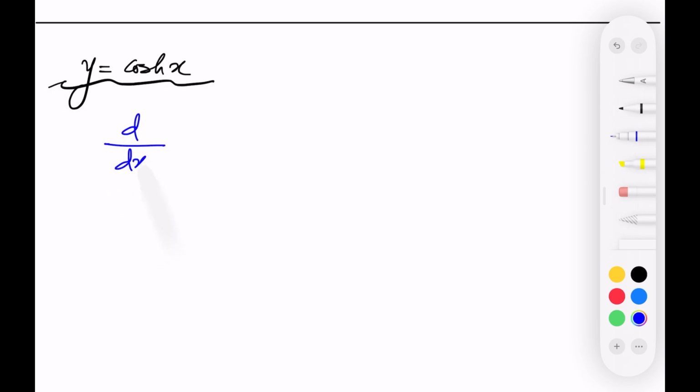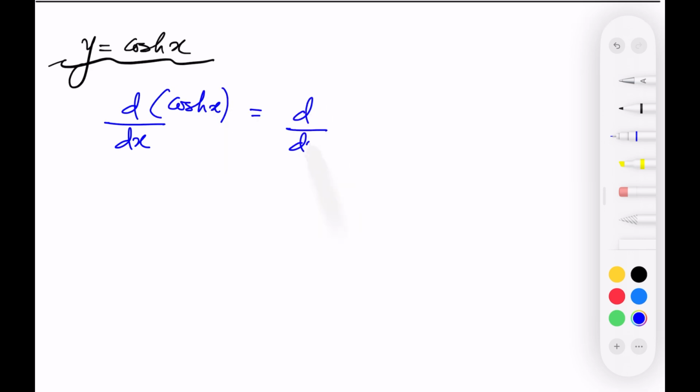Now we will see how to differentiate hyperbolic cosine x. Y equals cosh x. I need d by dx cosh x. We defined cosh x as e to the x plus e to the minus x divided by 2.